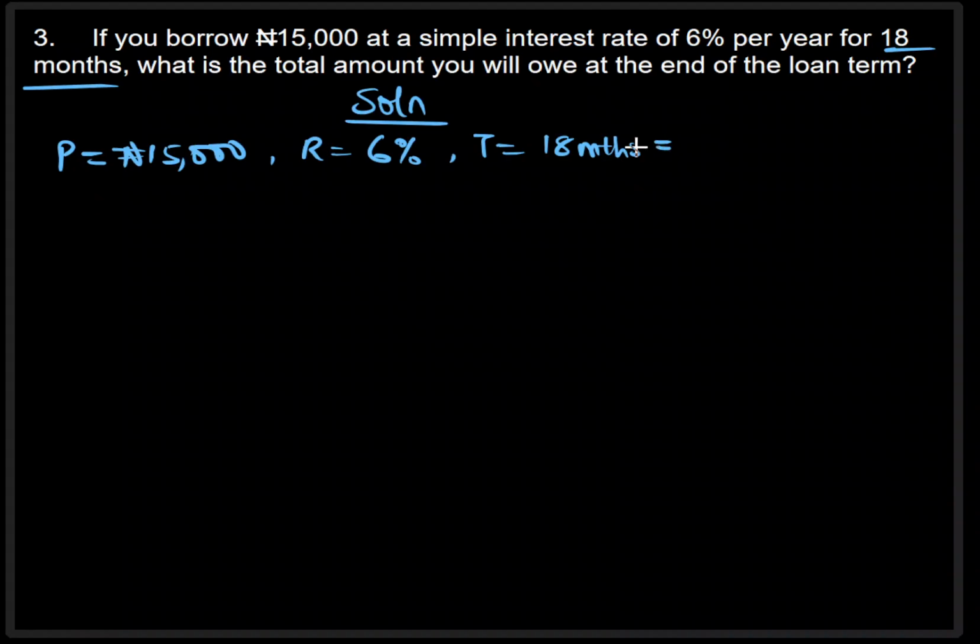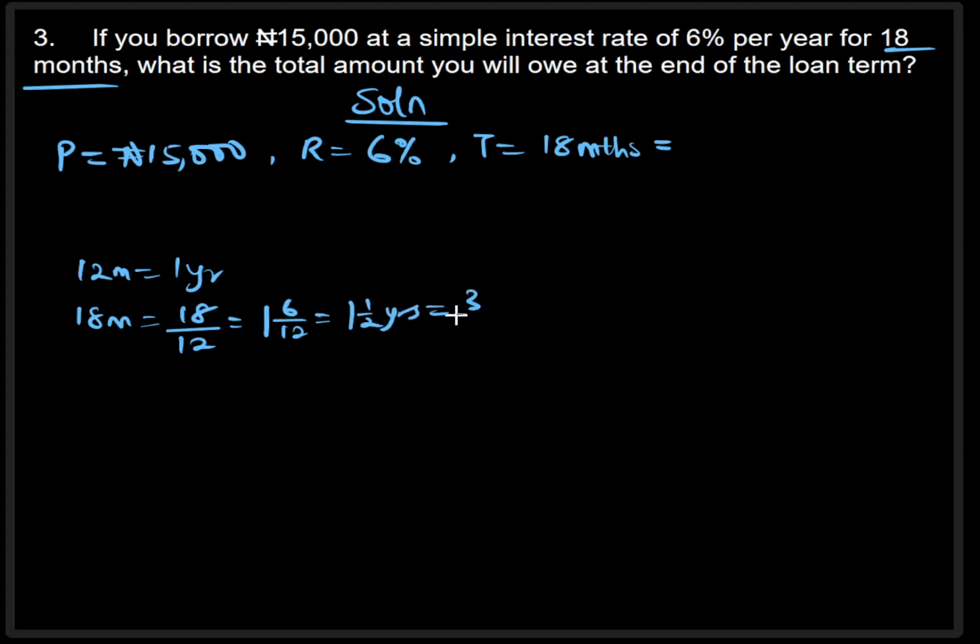18 months, which we said time must always be in years. We don't accept time in any other format, so time must always be in years. So we have to do some changes. We have that 12 months equal to 1 year. So that means 18 months will be 18 all over 12, which, dividing by 6, gives 3 over 2, which is 1.5 years.